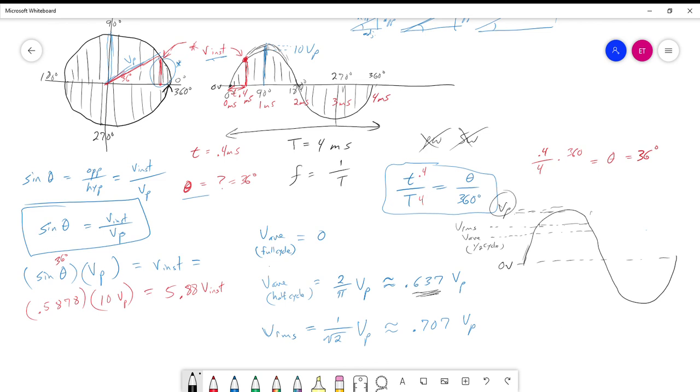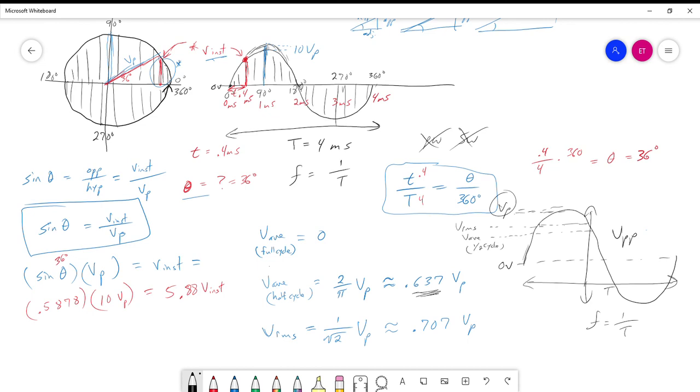Of course, peak to peak is another parameter we could do. Just making sure we got them all. That is the period. I think we've got them mapped out here.